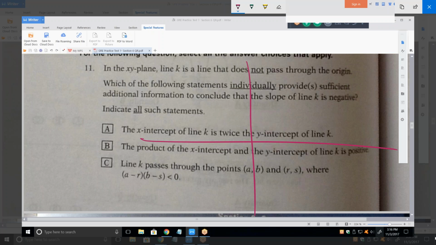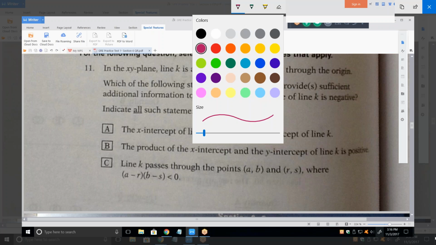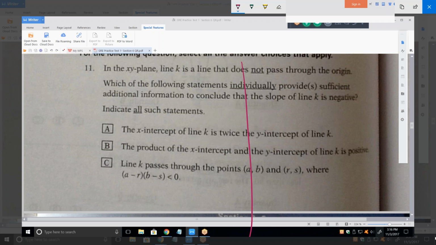Well, let's draw some positive slopes. Oops, can't go through the origin. And let's put a point there called A comma B. And we can put our other point anywhere, and I'm going to try it at various spots. Tell me what A minus R is. Positive or negative?